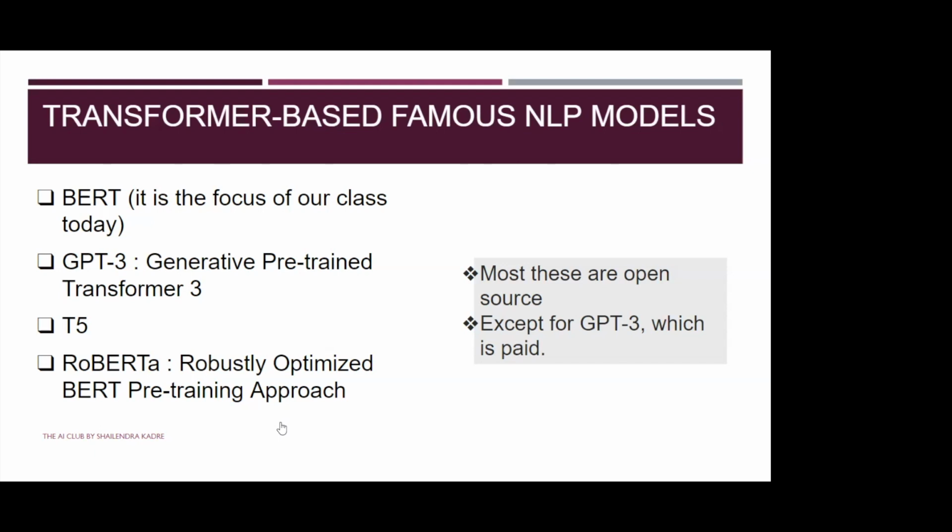There is some hyperparameter tuning as well as more training of the model. If you want more details, I'd recommend some R&D about that. These are the famous transformer-based NLP models. It is interesting that GPT-3 is from OpenAI, a company promoted by Elon Musk.